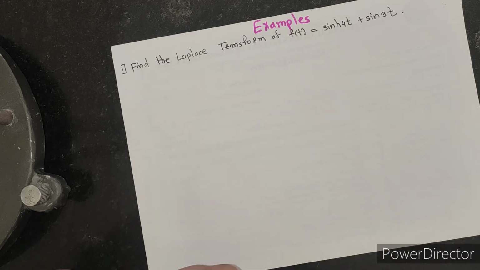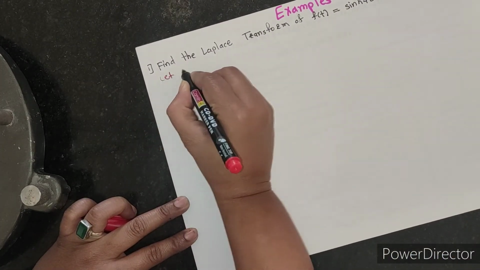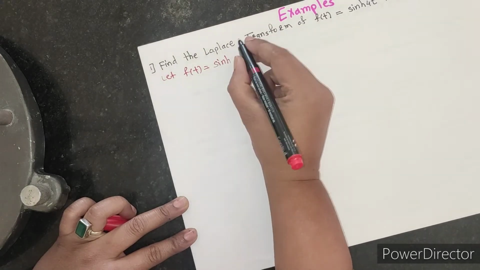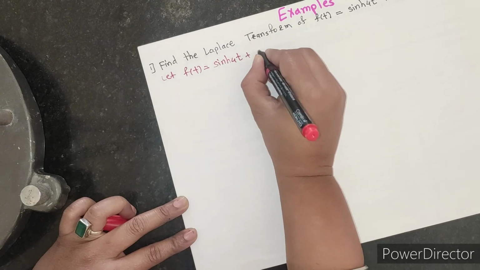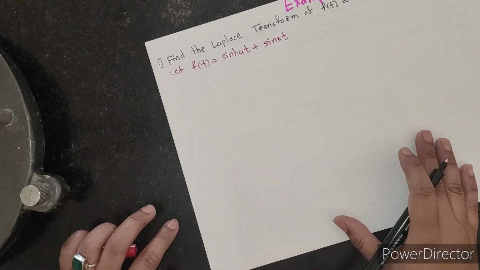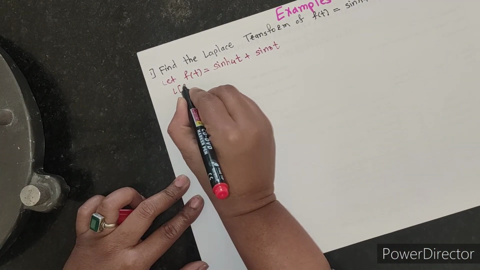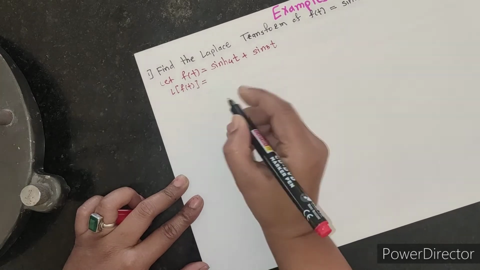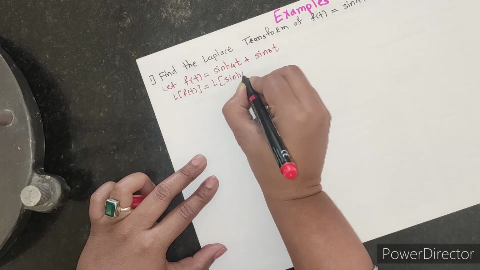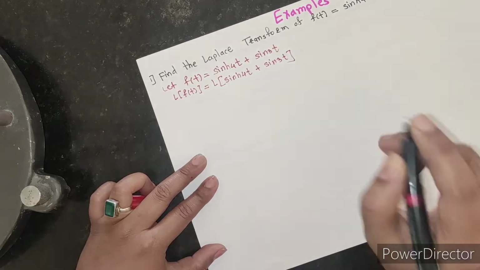First, we write f(t). Here f(t) is sine hyperbolic 4t plus sine 3t. Now, applying Laplace transform on this, Laplace transform of f(t) is equal to Laplace transform of sine hyperbolic 4t plus sine 3t.